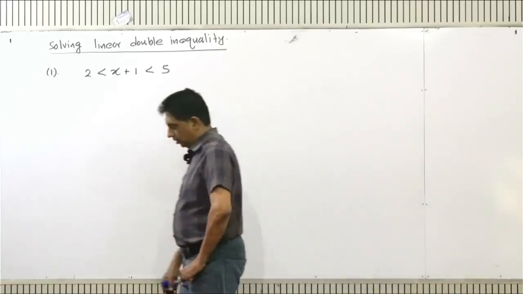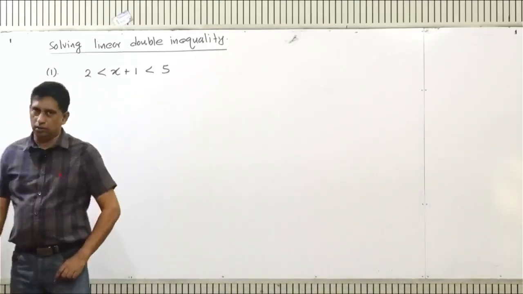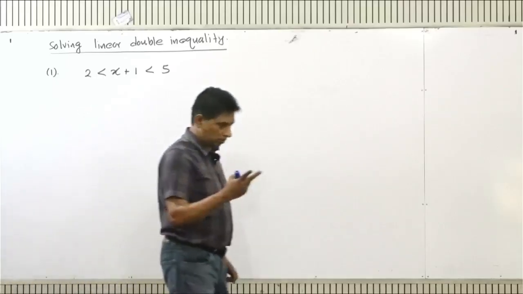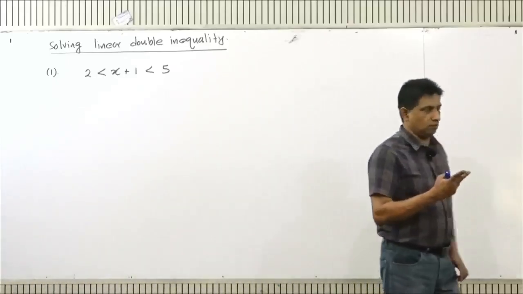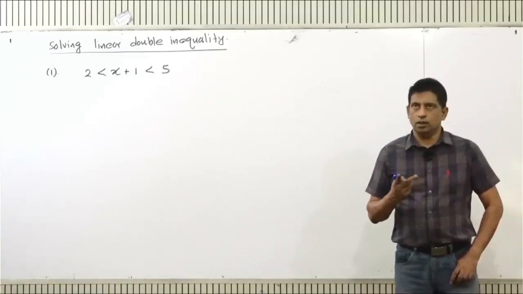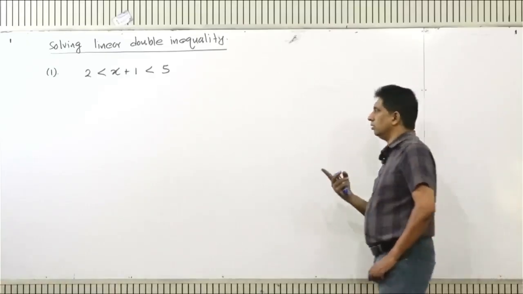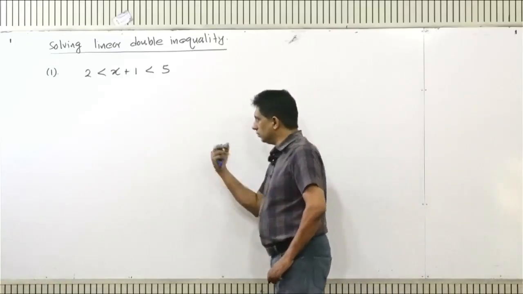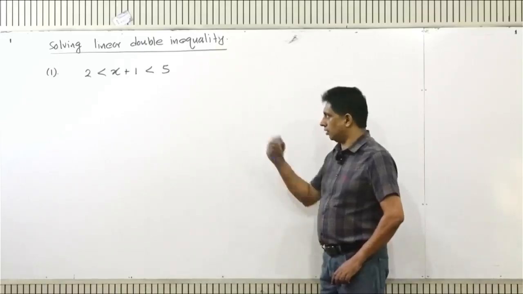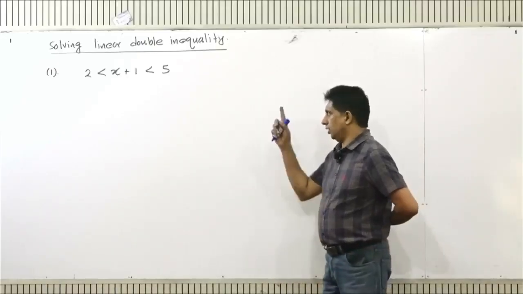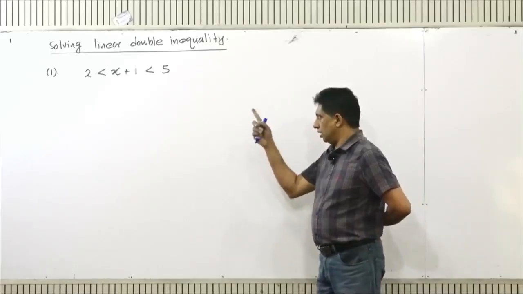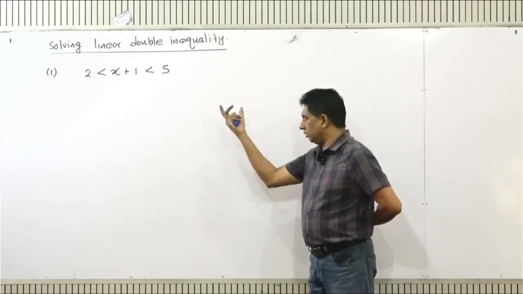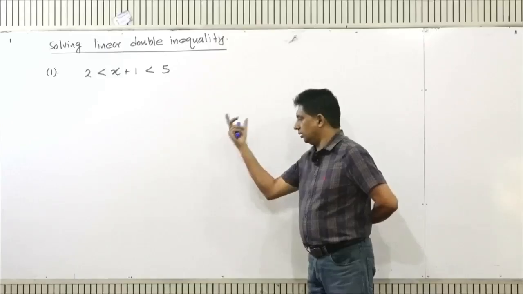To solve this linear inequality, there are two methods. First method is very easy. If you subject x in between two inequality marks, that is the solution. Right?